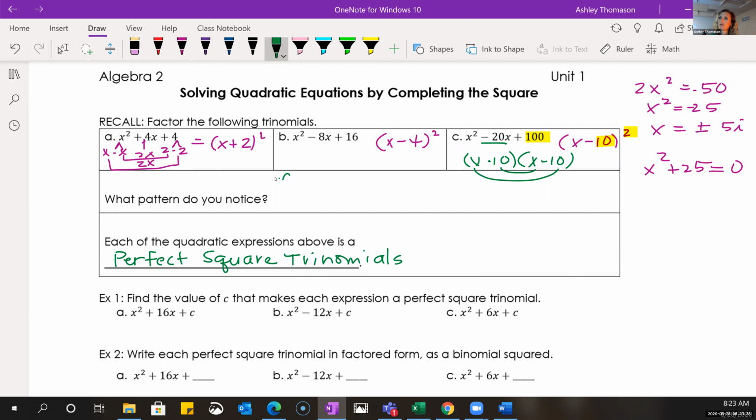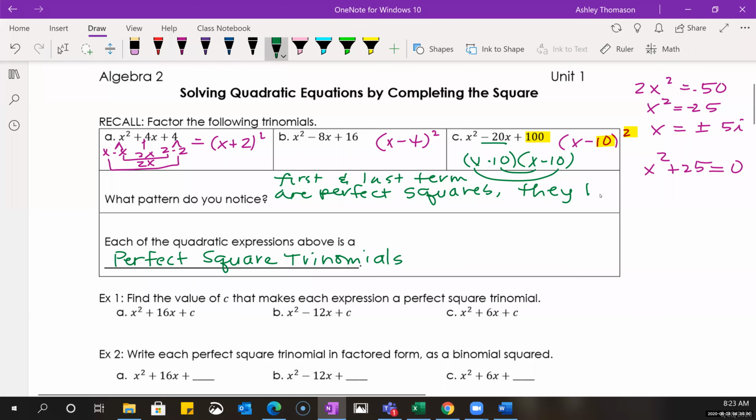So the first and last term are perfect squares. They have the same 2 binomial factors. Let's simplify that and say identical binomial factors. That's less writing.